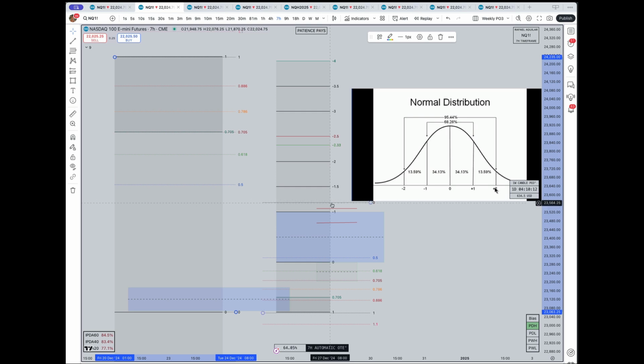Then price closes above 1, and I know that we're going to retrace. I will wait for the price to retrace until here. If the price closes above 1 and retraces until 0.5, sometimes it does this, trades 2.5 and trades up. I don't take this trade because my stop loss will be so big, at least 25 to 35 points.